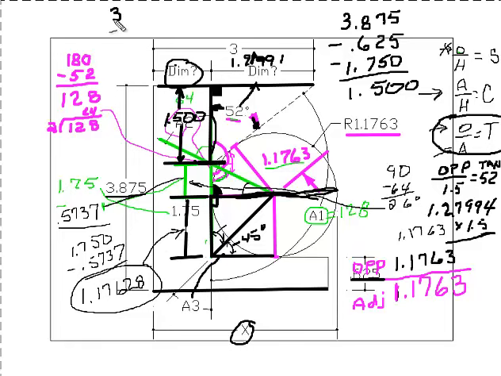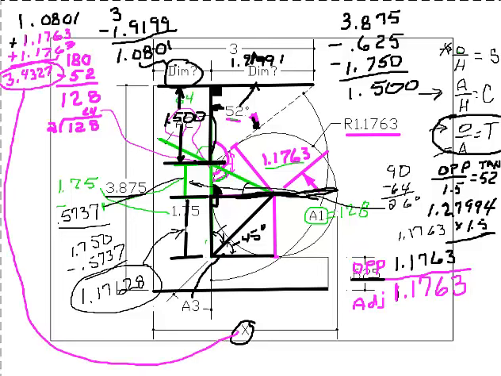So we have 3 inches minus 1.9199. That equals, let's see, 1 inch, 0.80 and 1/10, plus, because you're going to add this on there, plus 1.1763, that's this radius from here to here, plus 1.1763, that's the radius from here to here, same radius, same deal, just what we had here.